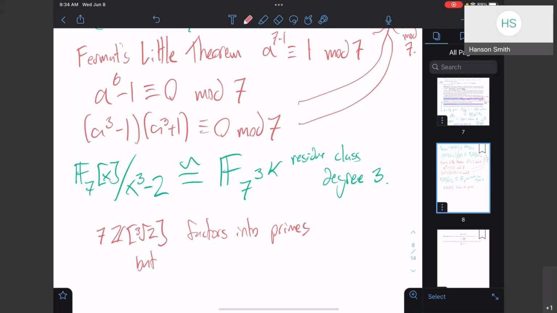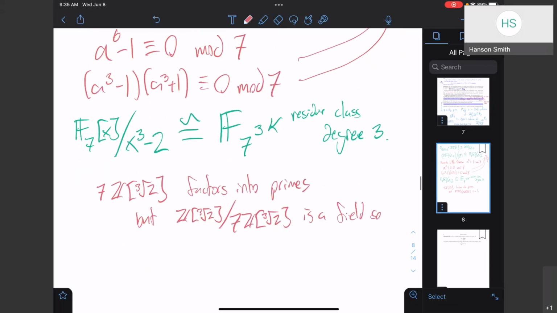So it's always true that it factors into primes, right? And in this case, it is a field. So 7 upstairs is prime.